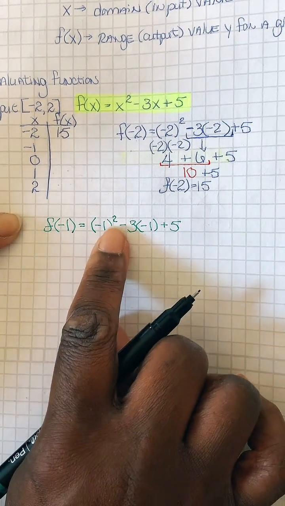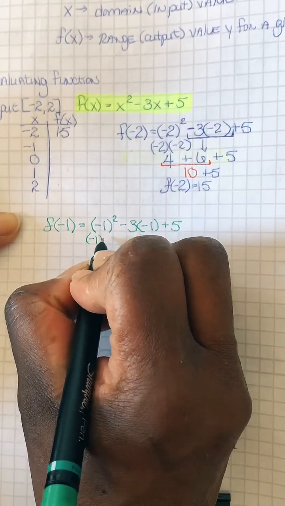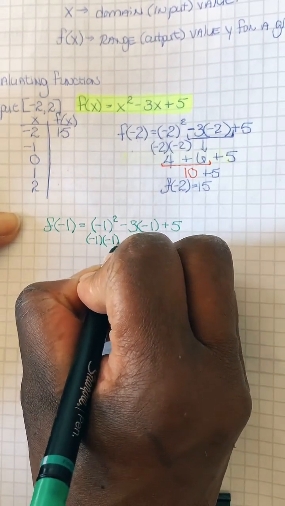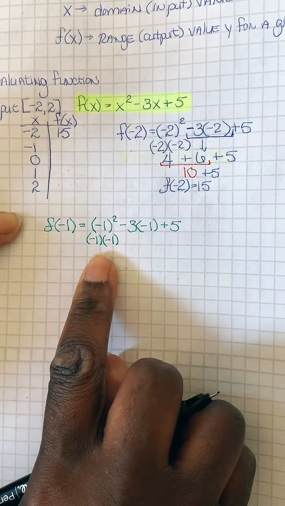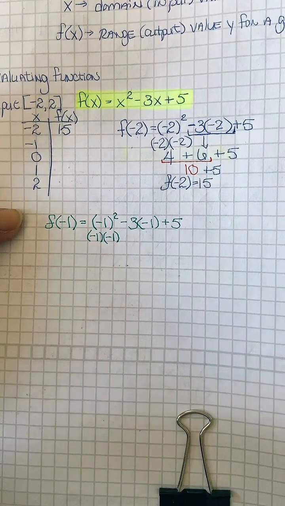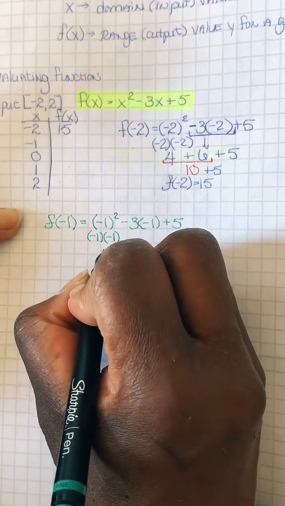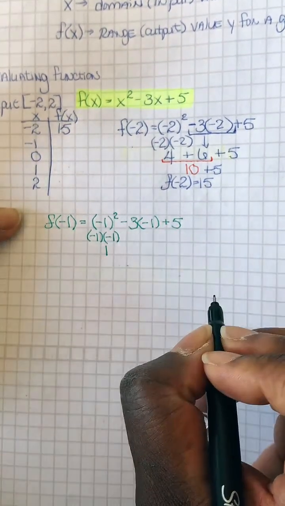So -1 squared is the same as saying -1 times -1. What do I get from that? Good. This gives me my 1.